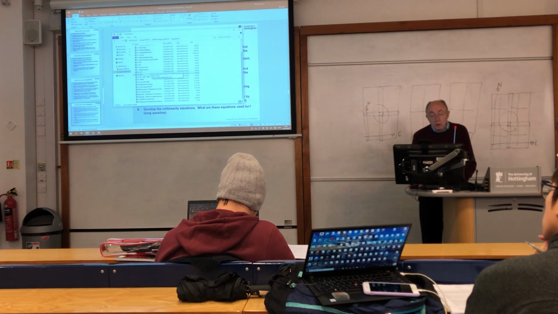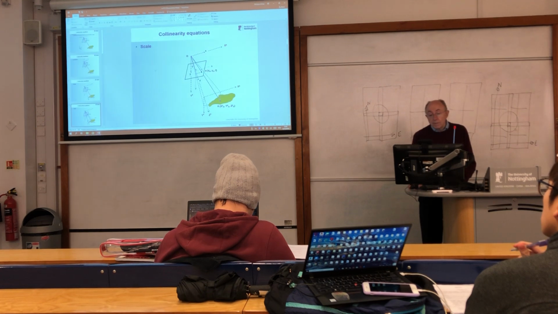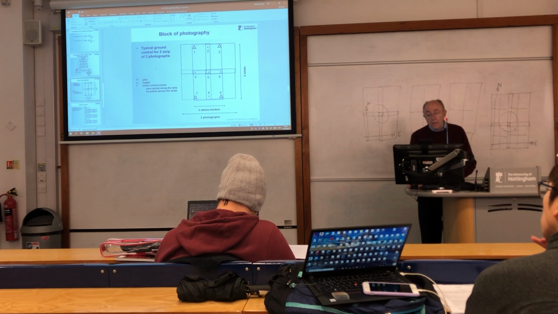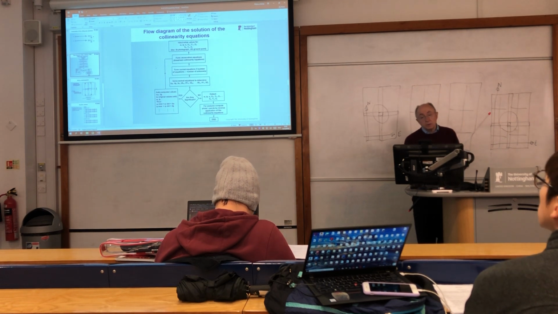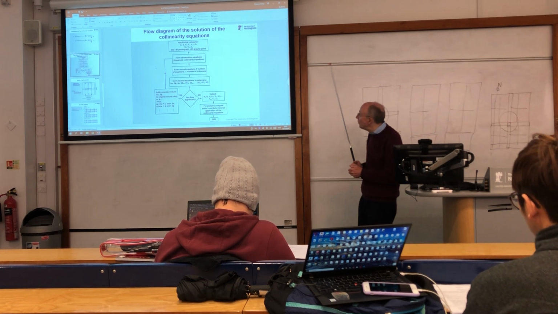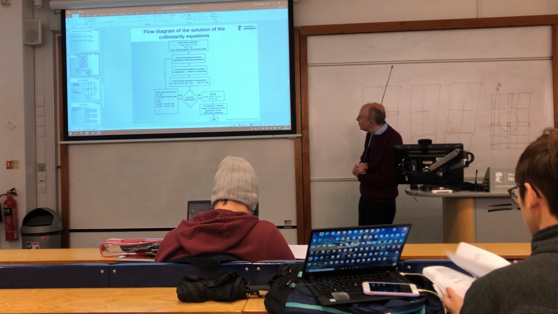Just trying to think where it is. I think it's in here. Yeah, here it is. Which gives an idea of the way the collinearity equations are solved.